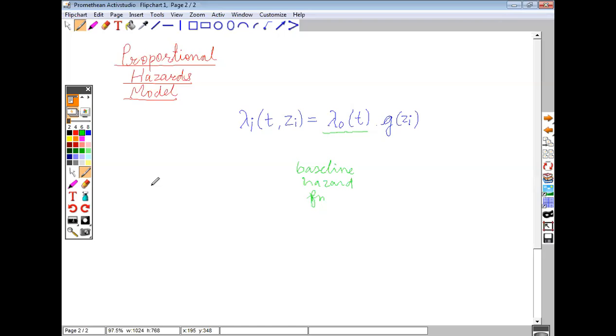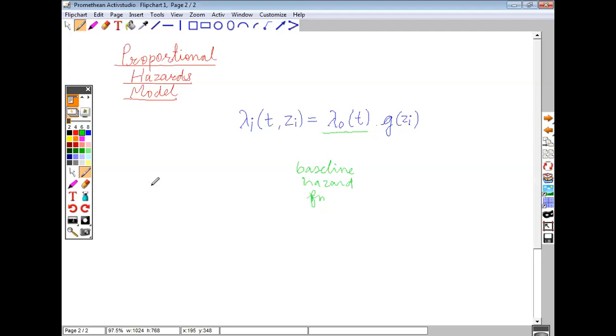Okay, let me start again. The very name for this type of model is proportional hazard models, right? The reason it's proportional is that we can separate the effect of two things, time and the covariates, on the hazard function.